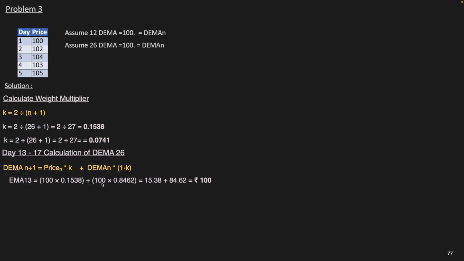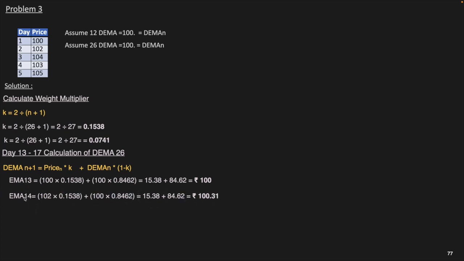This 100 is the EMA of yesterday. What is the EMA of yesterday of the 12 period? The EMA yesterday of the 12 period is 100. So I have put 100 here into 1 minus K. So 1 minus 0.1538 is 0.8462. If you do the mathematics, you will get 100 again. Now this 100 is the exponential moving average on the n plus 1 day.